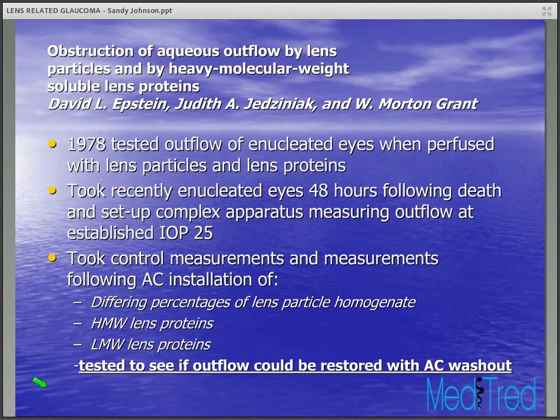They took eyes that were 48 hours post-mortem, and then they set up an inflow-outflow apparatus to measure outflow at a pressure of 25. And then they perfused these eyes with different lens particles, high molecular weight, low molecular weight, and they also tried to look at the effect of washout, just rinsing out the anterior chamber.